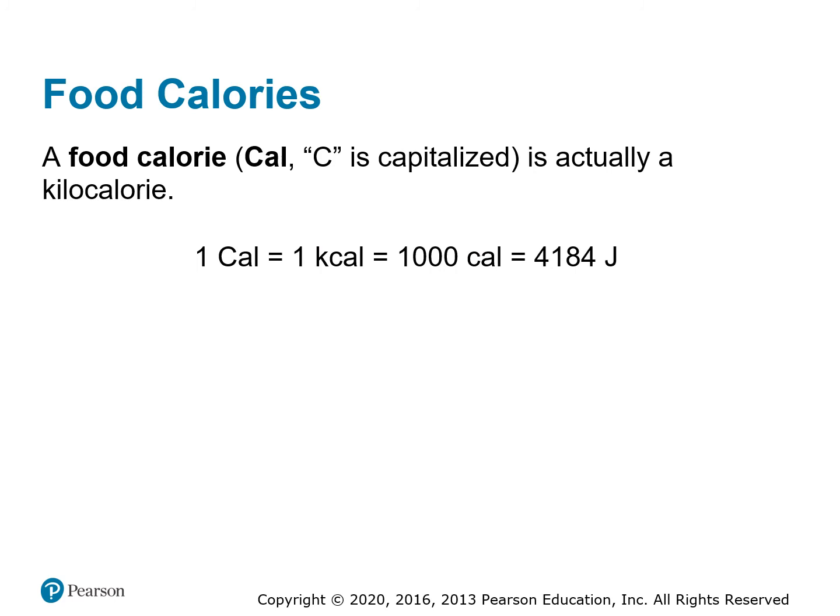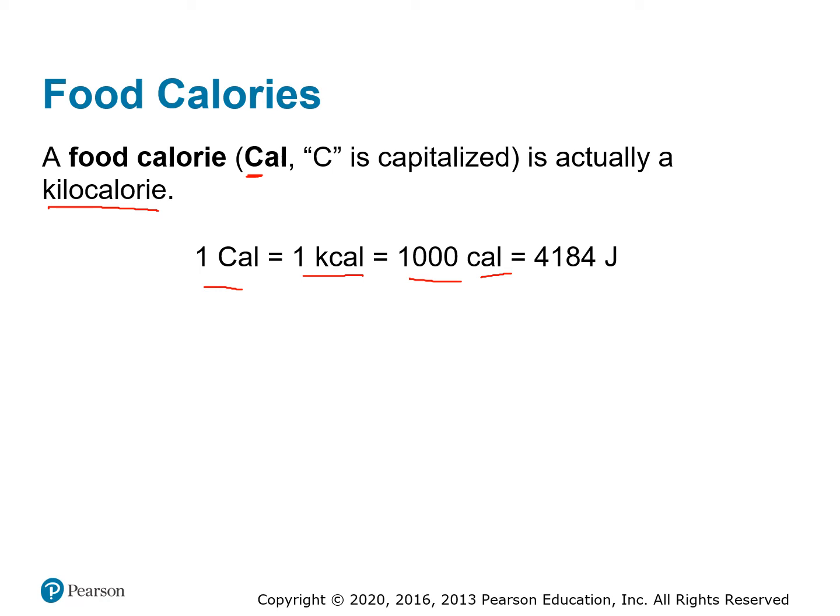Everyone has heard of food calories, and notice here the Calorie that we talk about in food has a capitalized C and is actually a kilocalorie. So 1 food Calorie is equal to 1 kilocalorie. Remember, kilo is a prefix for 1000, so which is equal to 1000 calories, which was the heat energy that I showed you in the earlier slide.